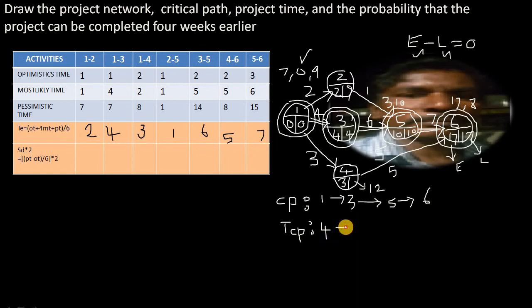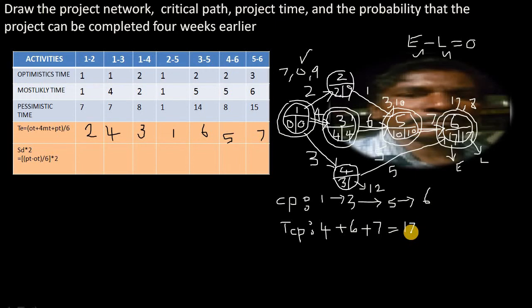From 3 to 5, the time taken by the activity is 6 weeks. So we are adding 6 plus. Then 5 to 6, how many weeks does it take? It takes 7 weeks. Am I correct? So 7 weeks. So total, how many weeks are there? 4 plus 6, 10. 10 plus 7, 17. So 17 weeks.